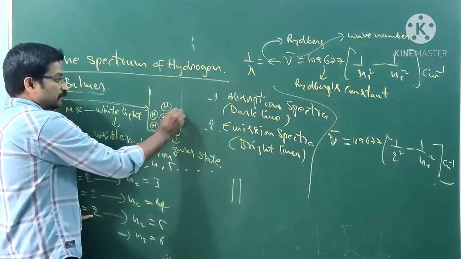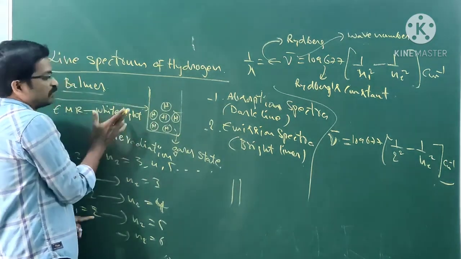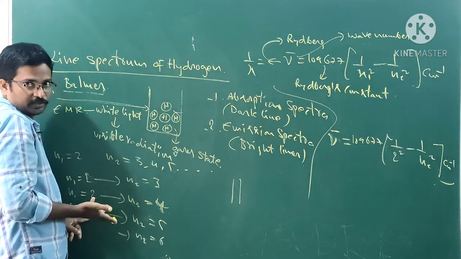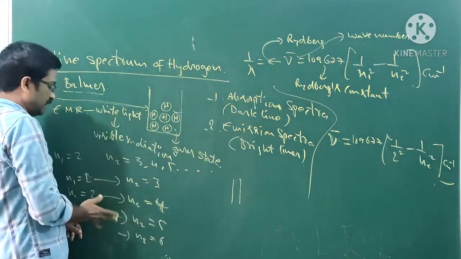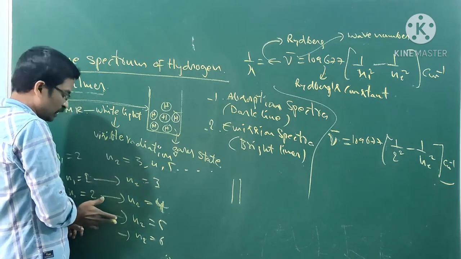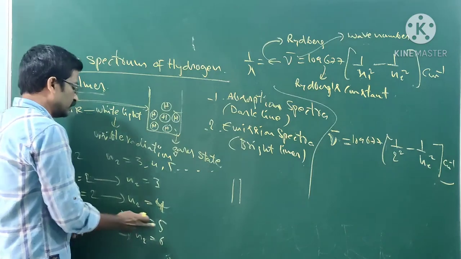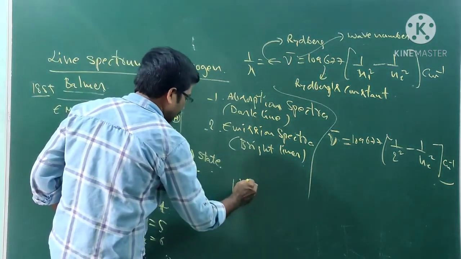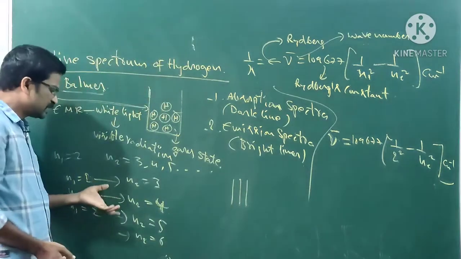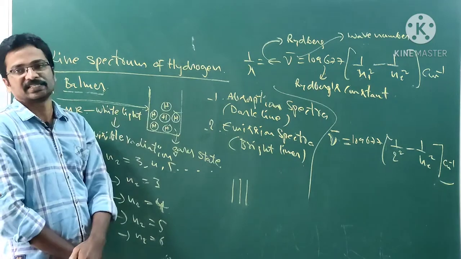In yet another atom, the electron takes greater energy from the white light, so n is equal to 2 to n is equal to 5, which gives another line. That is why so many lines are observed in the Balmer series.